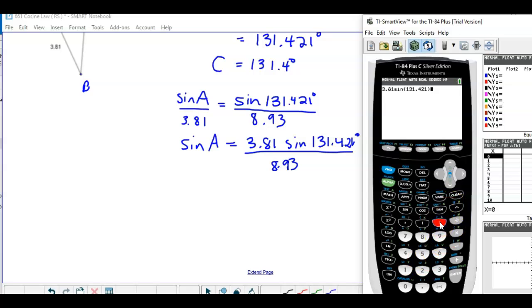Close the brackets on that and then divide by 8.93. Okay, so that's your value of sine A. Now to get A, second sine of that answer. Okay, so 0.320 basically.